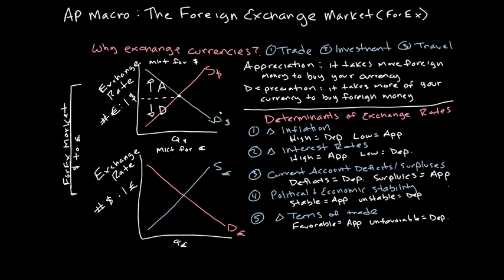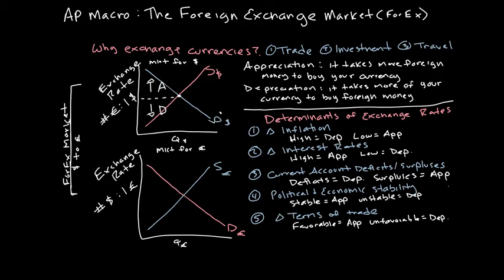The second major determinant is going to be changes in interest rates, and this has to do with that investment portion that we talked about a little bit earlier. Investors who are holding on to these currencies want to receive a higher interest rate on their investments. And so generally speaking around the world, you'll see currencies chase higher interest rates as long as they're higher and relatively safer interest rates.